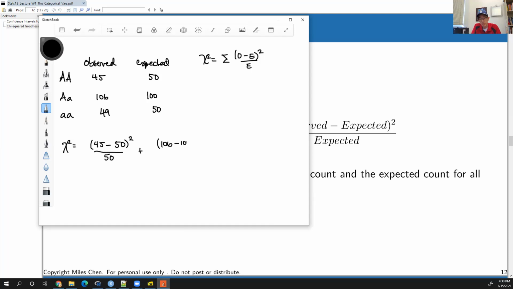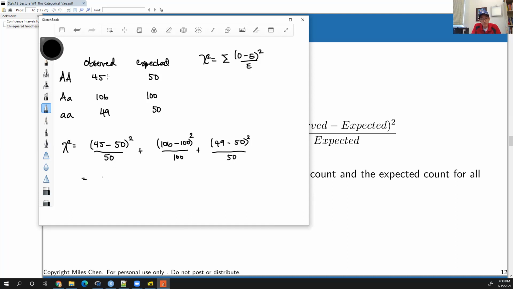I expected 100 and I got 106, 6 more than what I expected. Is that problematic? Here I expected 50 and I got 49. That doesn't seem like a big deal; that's pretty close to what I should have gotten. The question is, are these other ones a problem or not?